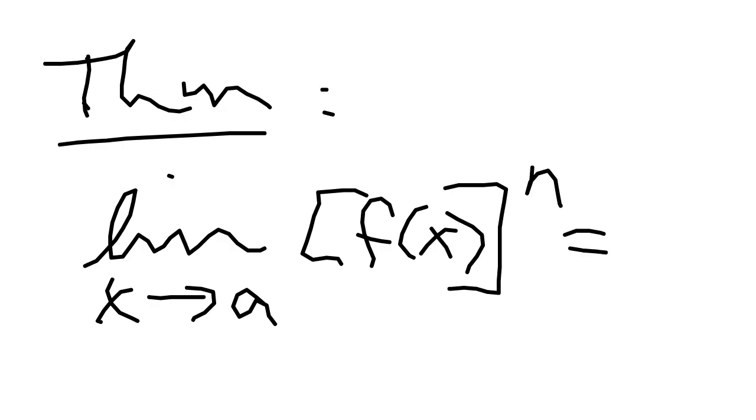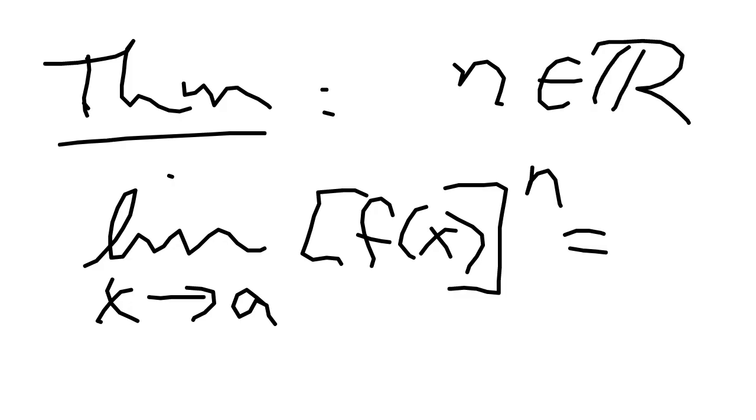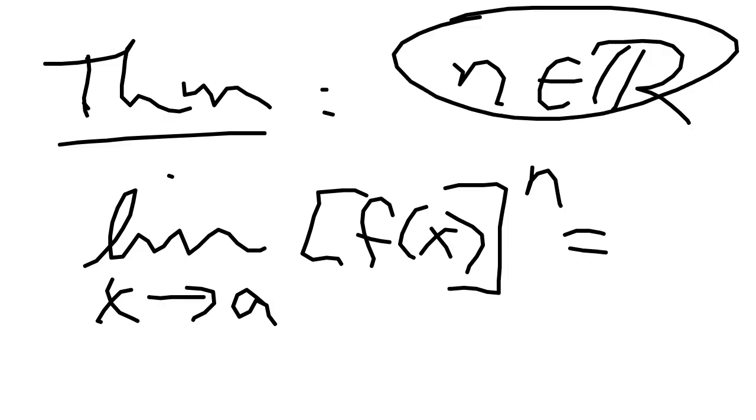So n is an element of the real numbers. Of course, if n is 0, then that ends up equaling what? What's anything to the 0 power? 1, as long as it's not 0 to the 0 power, which is indeterminate, right? And then that'd be the limit of a constant is a constant, so that'll end up being 1. But it'll all work out swimmingly well, even if n equals 0, because this is going to equal L to the nth power.